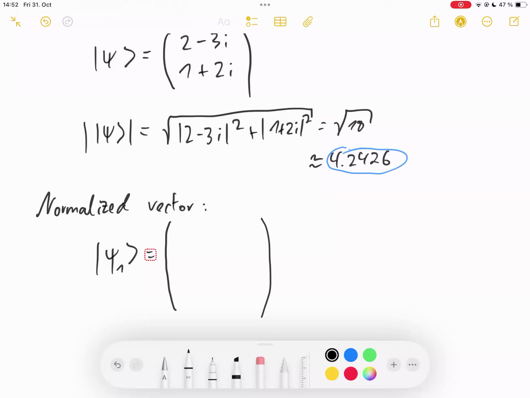So I have something like 0.41740 minus 0.70711i as one suggestion.